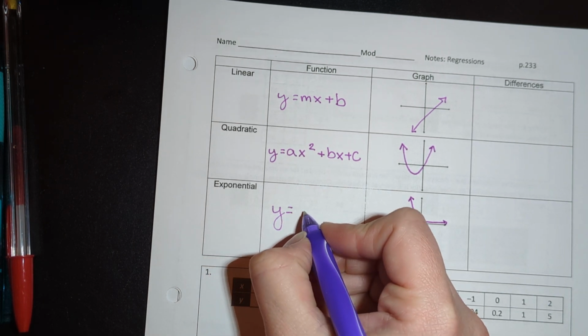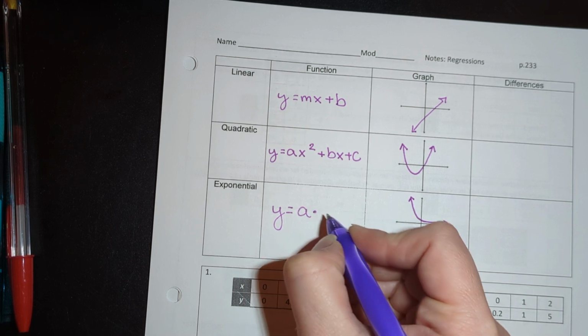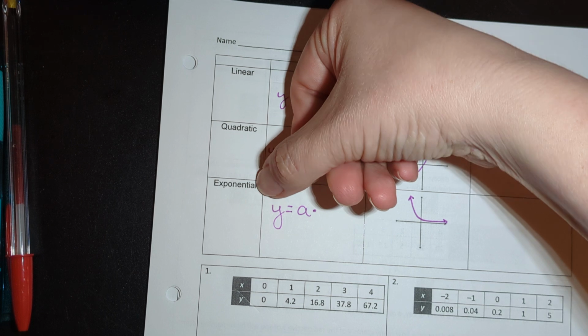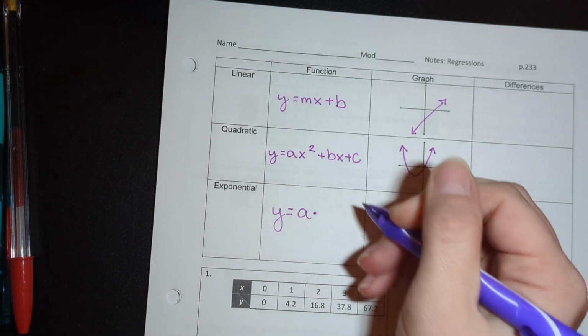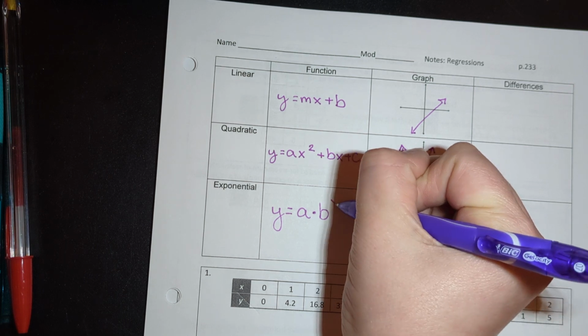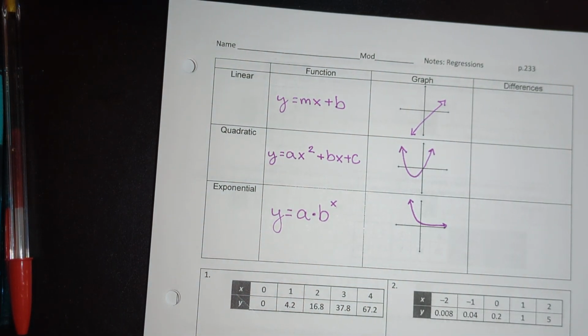That's the vertex form of a quadratic. It's a times, if I cover up the last three letters of that word, what does it spell? Exponent. So these are the ones that have an exponent. Y equals a times b to the power of x.